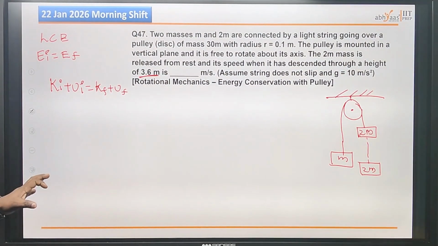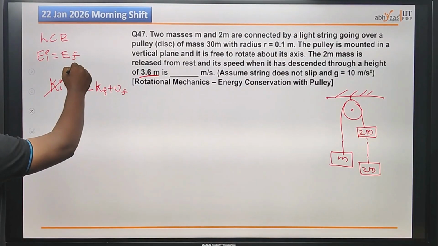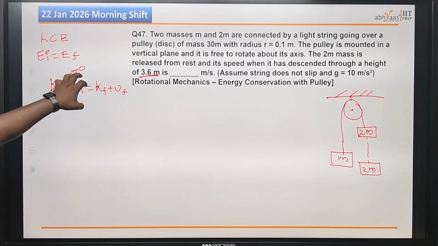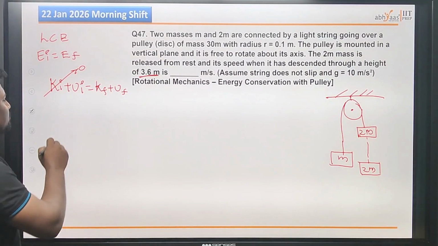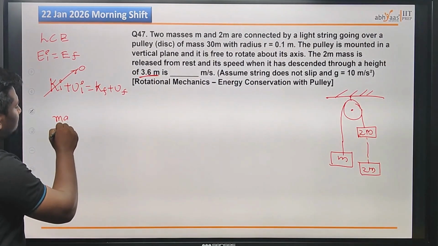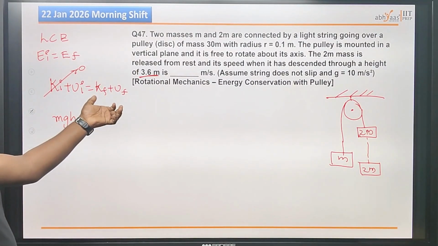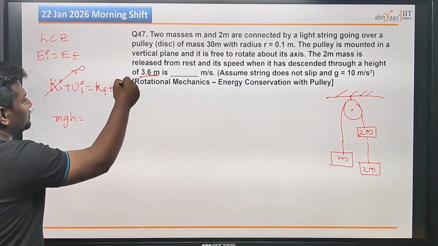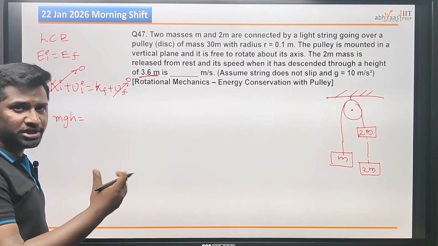In the initial case there is no kinetic energy, so initial kinetic energy is 0. What is initial potential energy? That is mgh, mass into gravity into height. The final potential energy is 0.